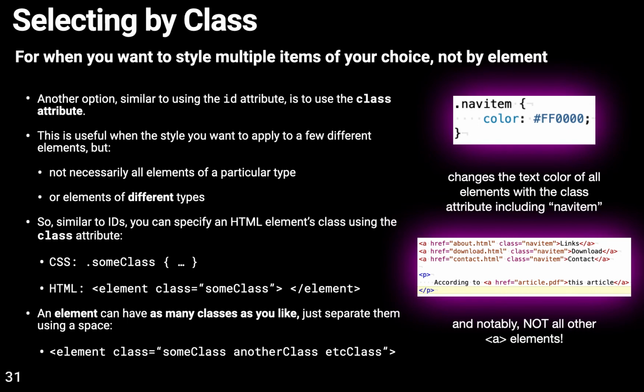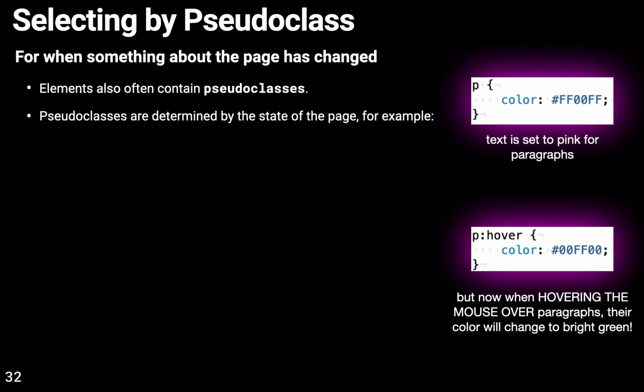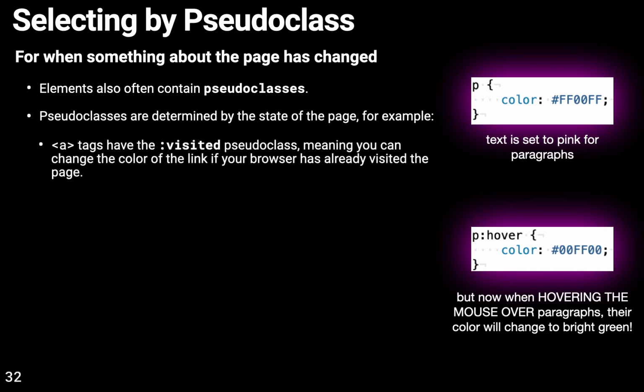Let's talk about pseudo classes. This is a little different, a little weird, but usually it has to do with something about the state of the page having changed. That's where we can invoke pseudo classes. So elements will often have pseudo classes associated with them. They're determined by the state of the page. For example, A tags have an internal representation of whether or not that link has been visited before.